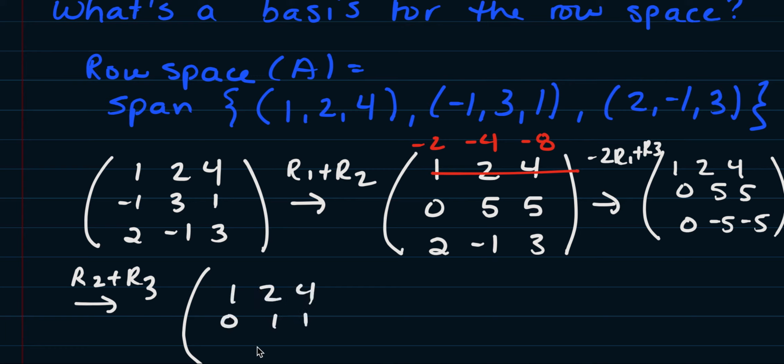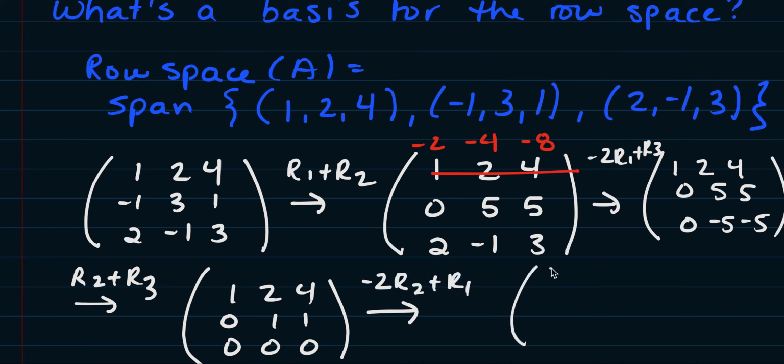I can also divide row 2 by 5, and then negative 2 row 2 plus row 1. And now I have put this matrix in reduced row echelon form.